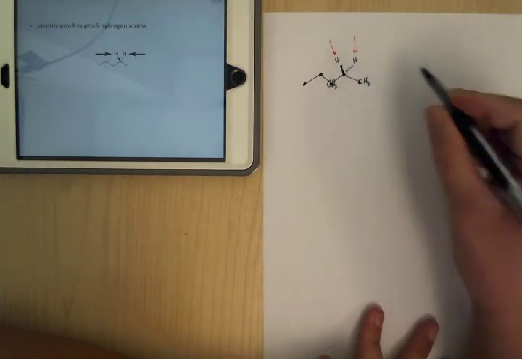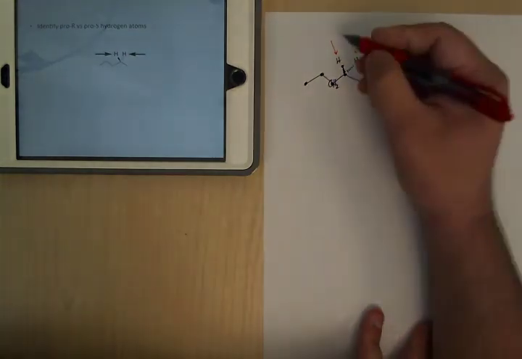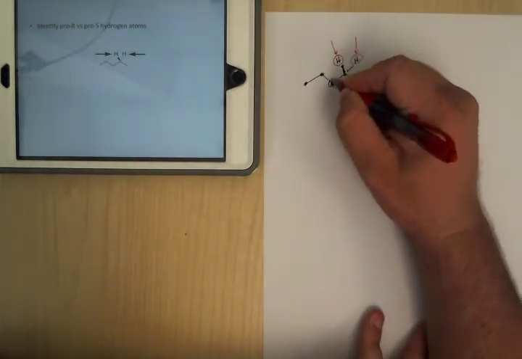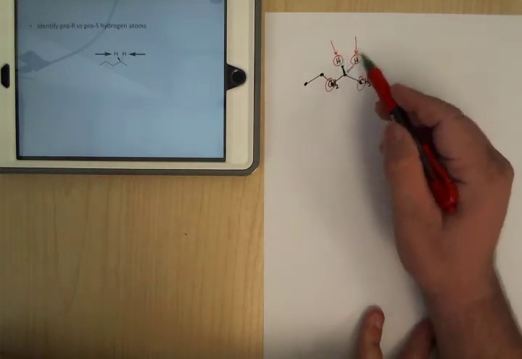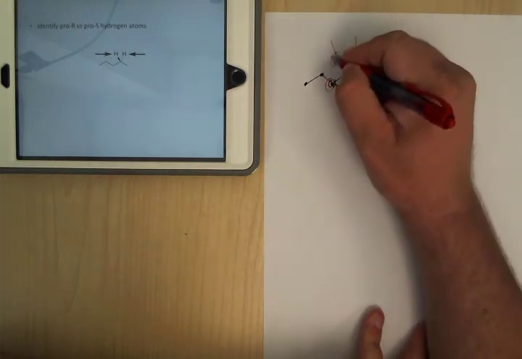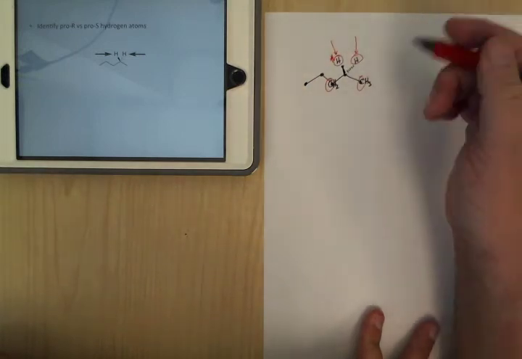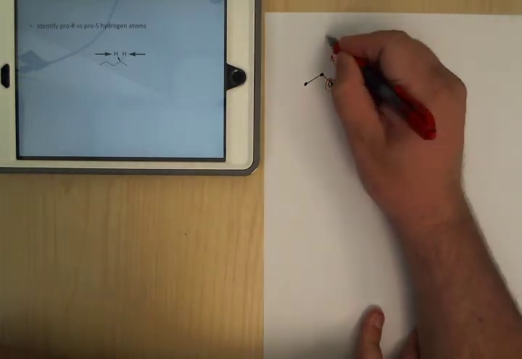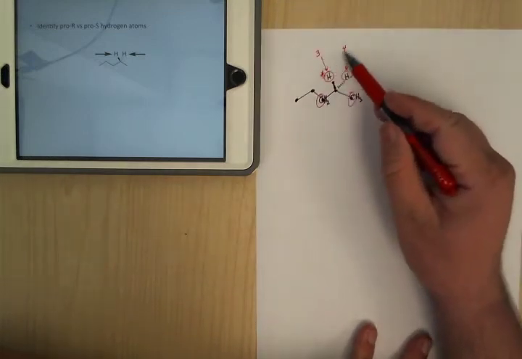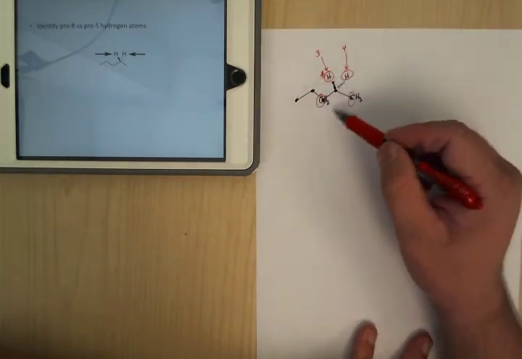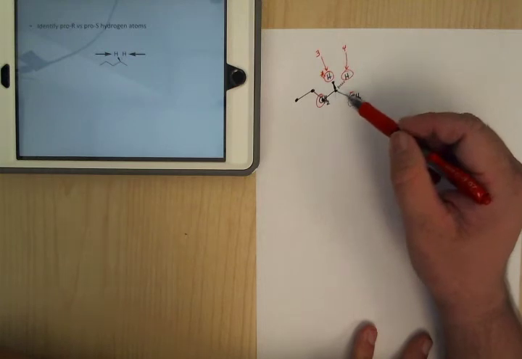But if we said the four things coming off of here, these are going to be 1 and 2, these are going to be 3 and 4. If we say this is a special hydrogen, or make it a deuterium or something like that, if that's 3 and that's 4, what happens to this molecule? Does it become R or does it become S?